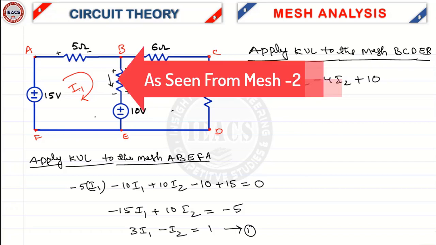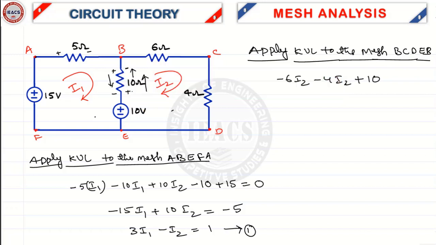According to mesh current I1, there will be an increase in potential if you travel in the direction of mesh current I2. Since we are writing a KVL equation for mesh 2, the combined effect of voltage drop across this 10 ohms resistor according to mesh 2 is given by minus 10 into (I2 minus I1) equals 0.